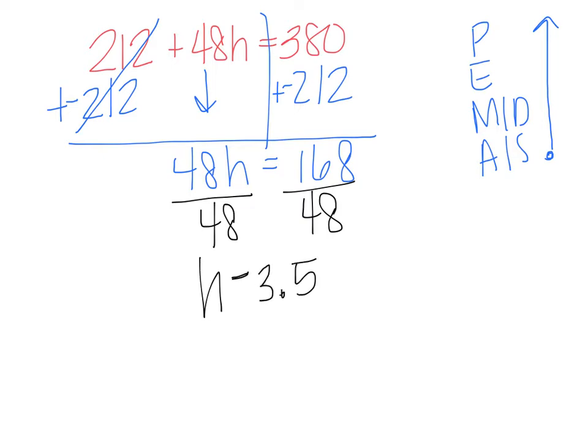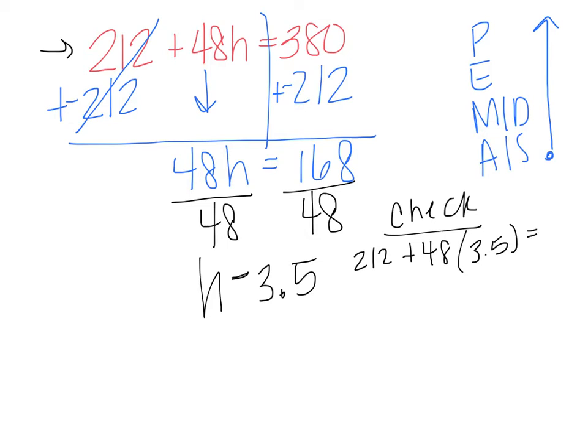Now on some of your problems today, I'm going to have you check, so that way you should be getting every single problem correct. So if we work back at the beginning, I'm going to do 212 plus 48, now instead of saying h, I'm going to put 3.5 in parentheses equals 380. And now I'm going to do order of operations the normal way.